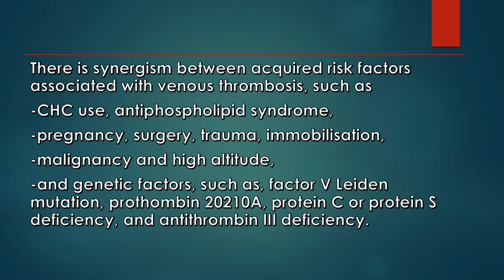There is synergism between acquired risk factors associated with venous thrombosis, such as CHC use, antiphospholipid syndrome, pregnancy, surgery, trauma, immobilization, malignancy and high altitude, and genetic factors such as factor V Leiden mutation, prothrombin 20210A, protein C or protein S deficiency, and antithrombin III deficiency.